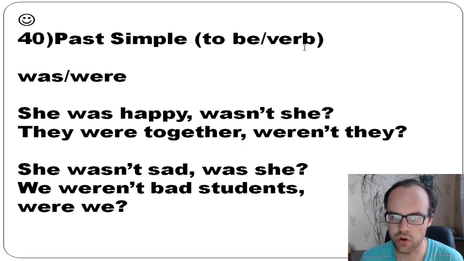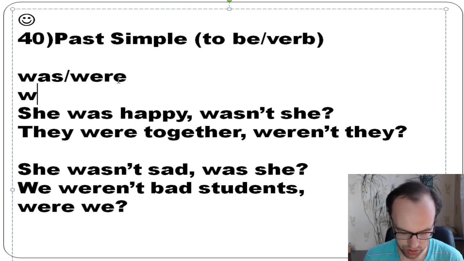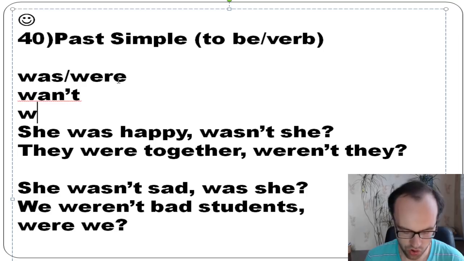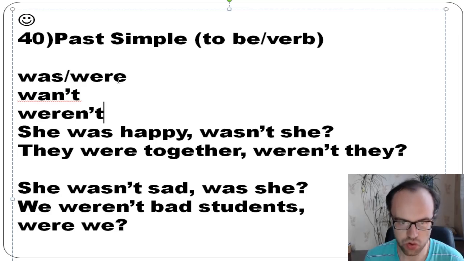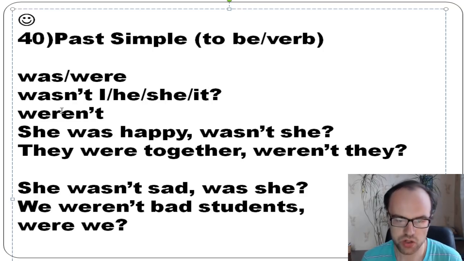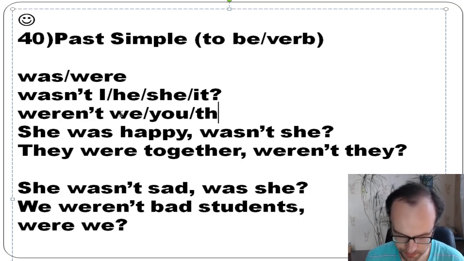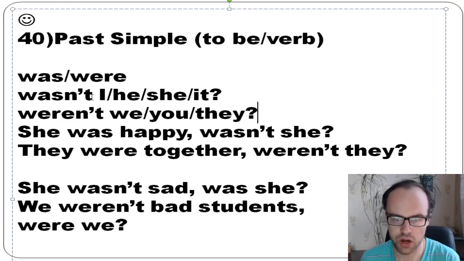Well, what about past simple? Let's talk about the verb to be. When we have was or were, you ask wasn't or weren't. So wasn't I, he, she, it, and weren't we, you, they. Good. Very good.